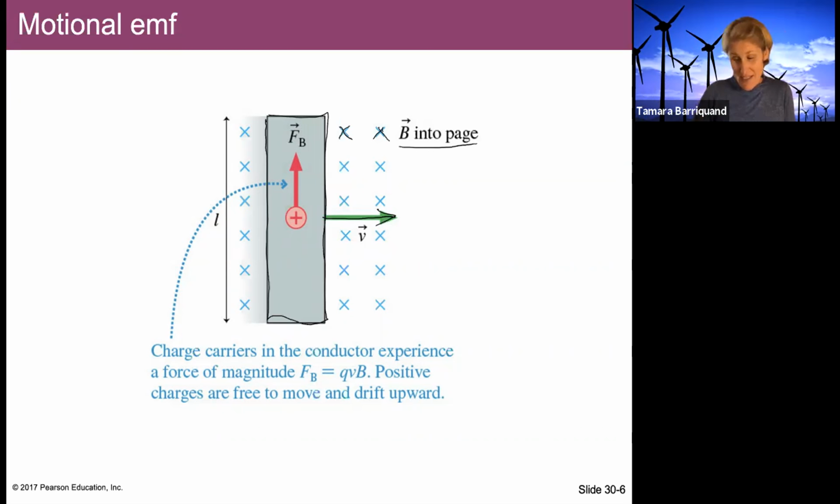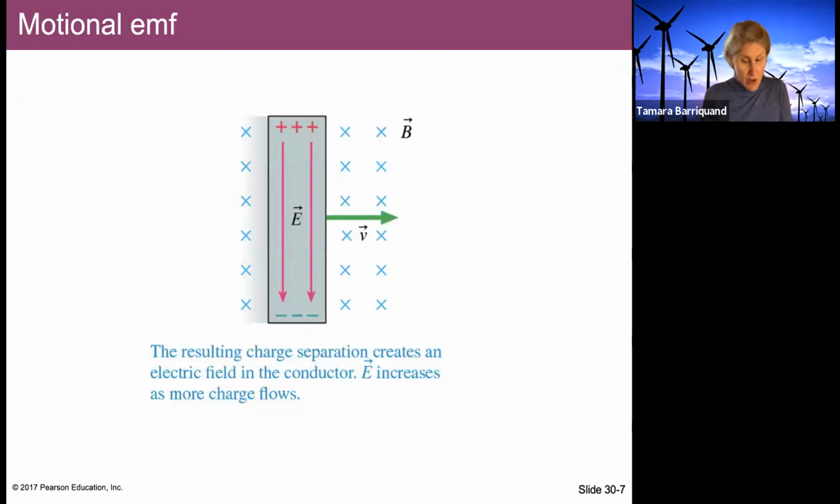And so in that case, we can say that positive charges are moving up, or we can also say, as we normally would, that a negative charge is in fact moving in the opposite direction. So we're going to end up with negative charges on one side and positive charges on the other. So here we have our positive charges.